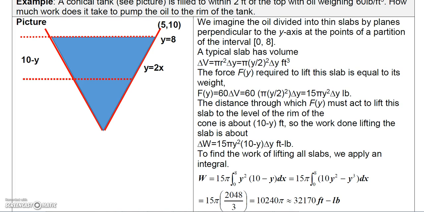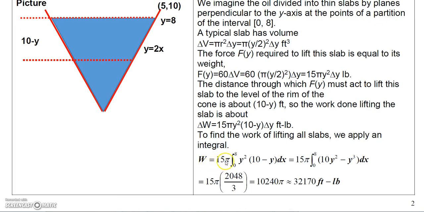Okay, so finally, to evaluate this, we evaluate the integral as y goes from 0 to 8 of 15 pi y squared (10 minus y) dy, which equals 15 pi times the integral from 0 to 8 of (10y squared minus y cubed) dy.